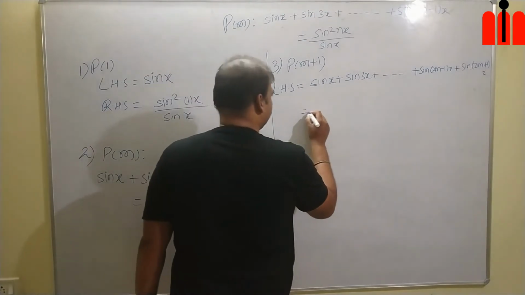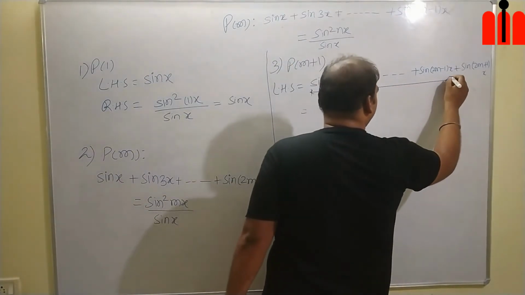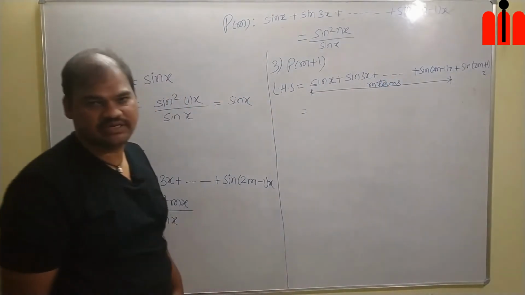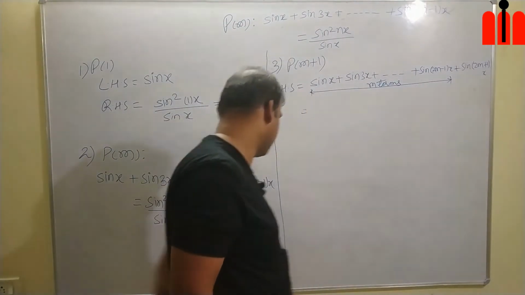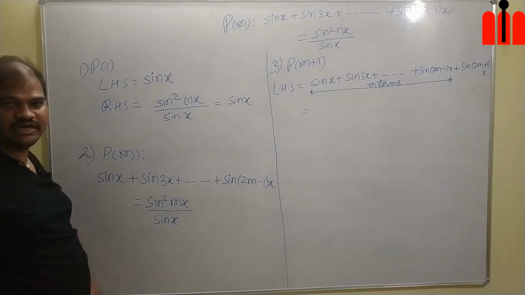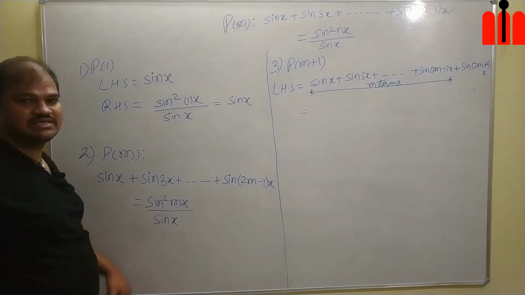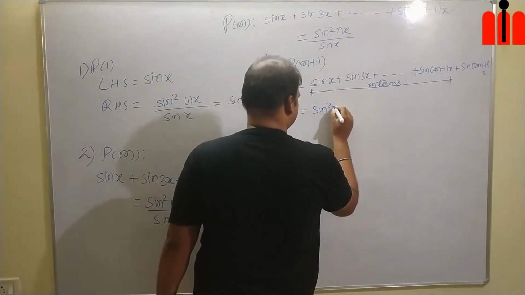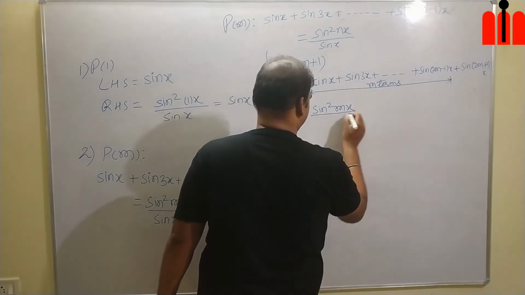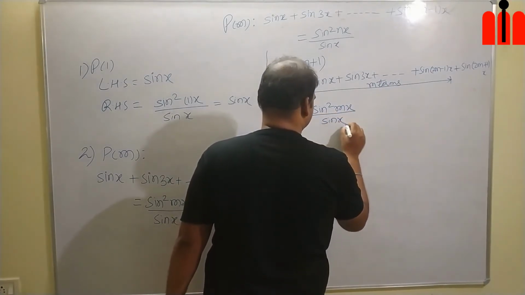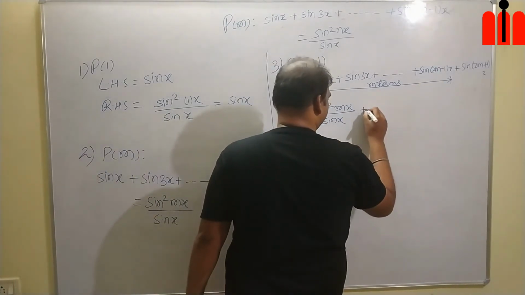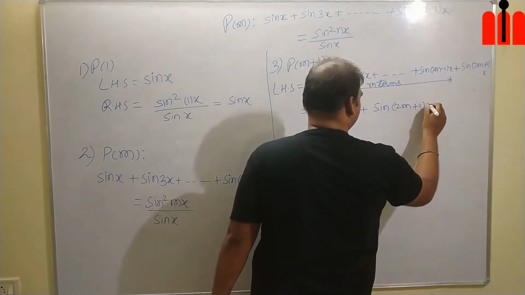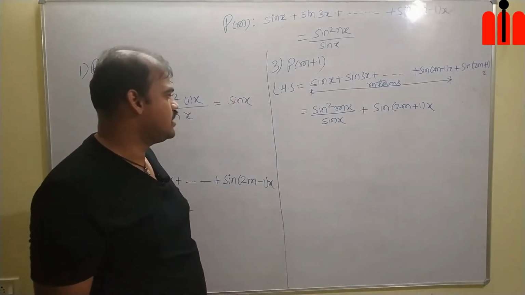Now let us substitute this entire m terms from the concrete statement. So this is sine square mx by sine x. Let us substitute that. And what are we left with? We are left with sine (2m plus 1)x.